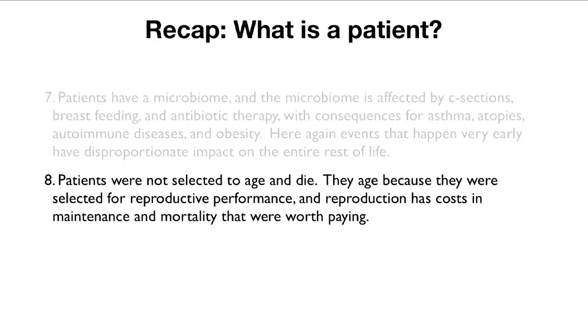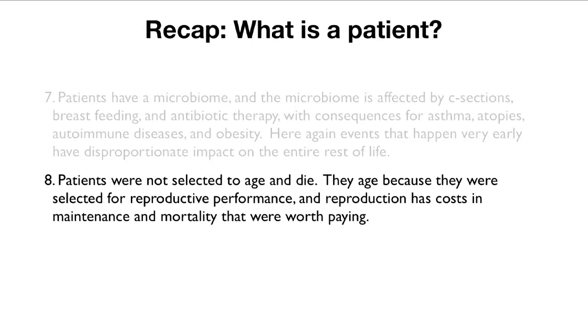And then one of the big important messages of evolutionary biology, not just for doctors, but for everyone, is that we were not selected to age and die, but we do age because we've been selected for reproductive performance.